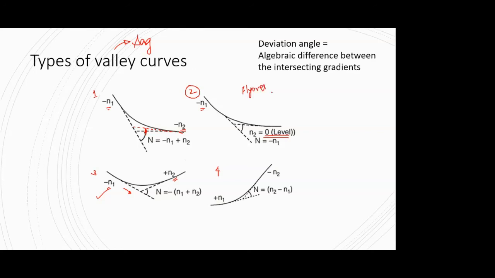Everyone has seen a flyover. In a flyover, you have a level road, then the grade is separated, and then again it comes down, and then it meets a level road. So this second part of it, where your vehicle goes down and then goes on the level road, that is nothing but a type of valley curve, we can say.